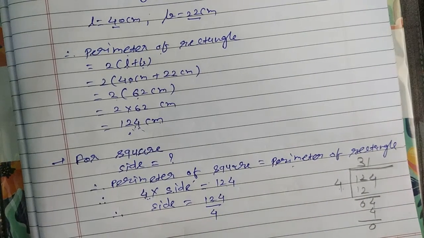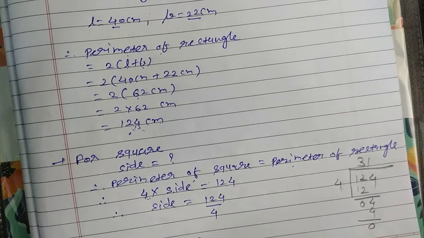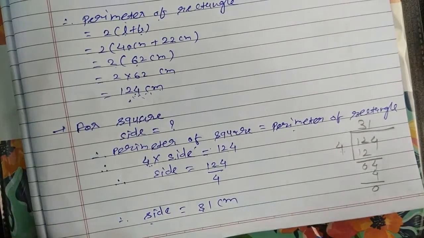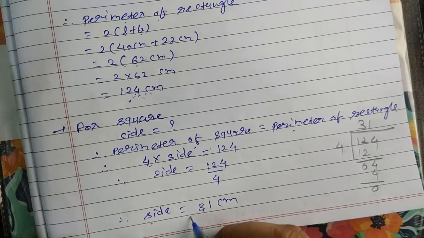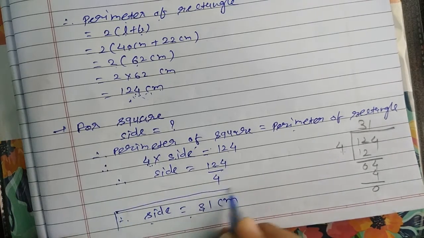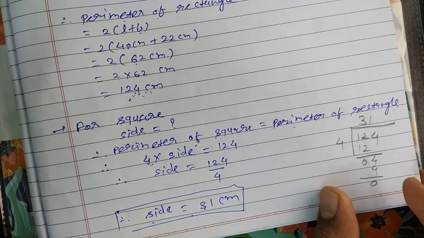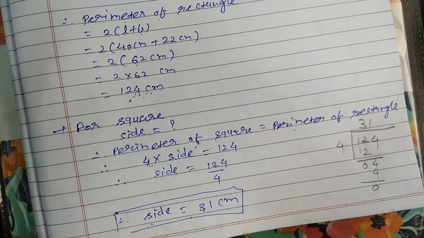The length of the side is 31, and the unit is centimeter. Side is equal to 31 centimeter. This is the length of a side of the square.